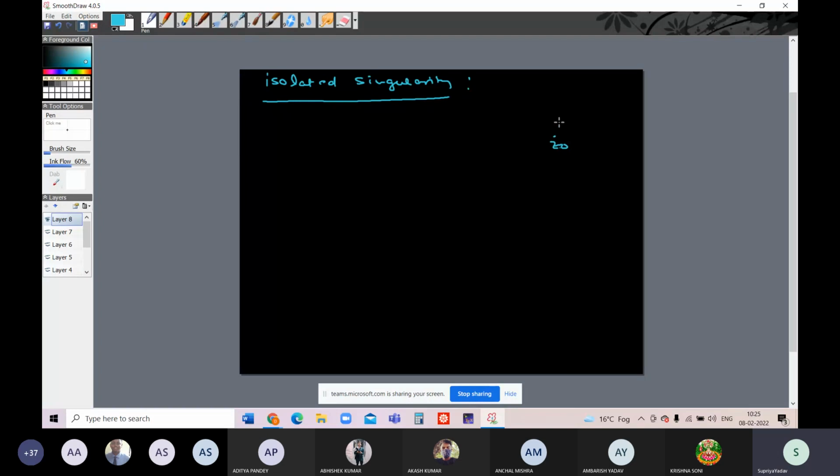It means that there exists a delta neighborhood around this point z₀ and at every point inside this delta neighborhood except z₀, the function is analytic.